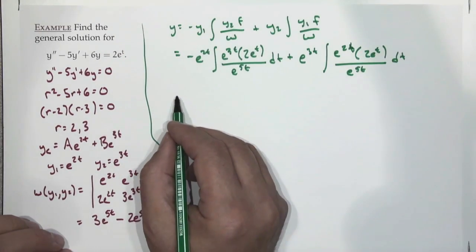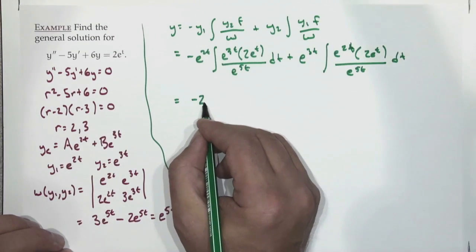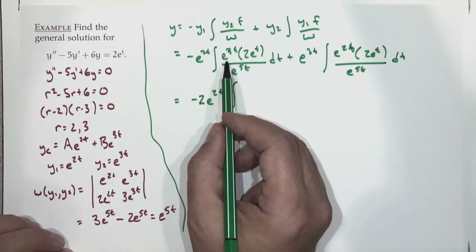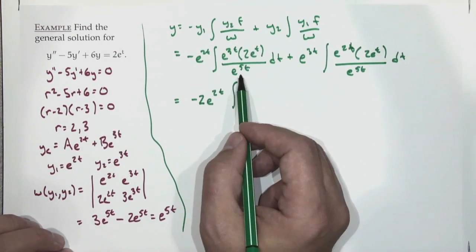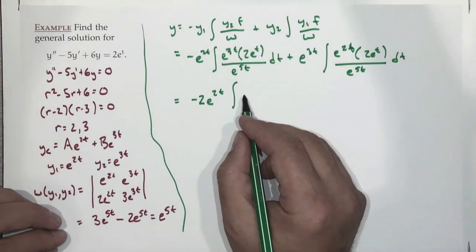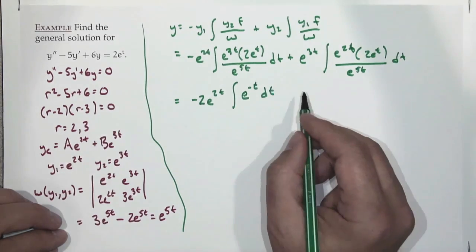Well, we can pull out the constant 2, so this is minus 2 e to the 2t, integral of e to the 3t, e to the t, all over e to the 5t, which gives us 1 over e to the t, or e to the minus t.